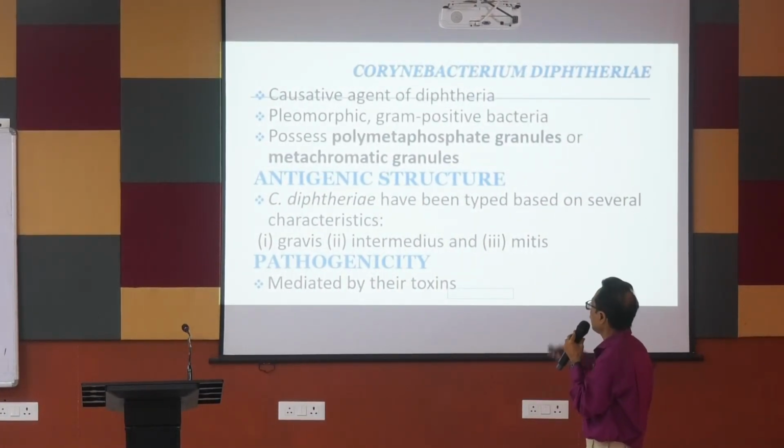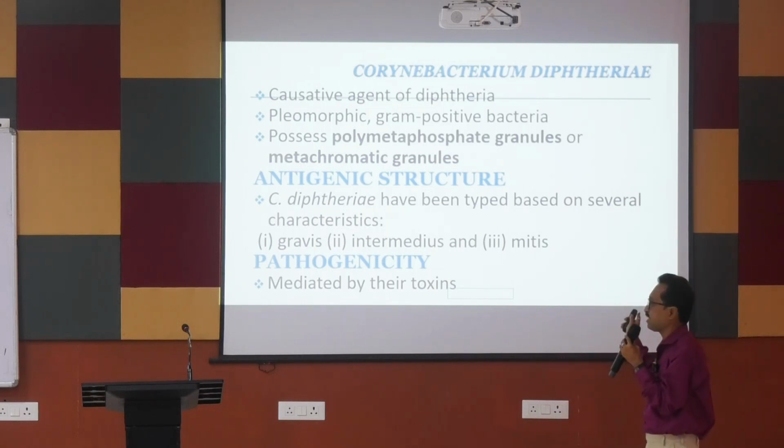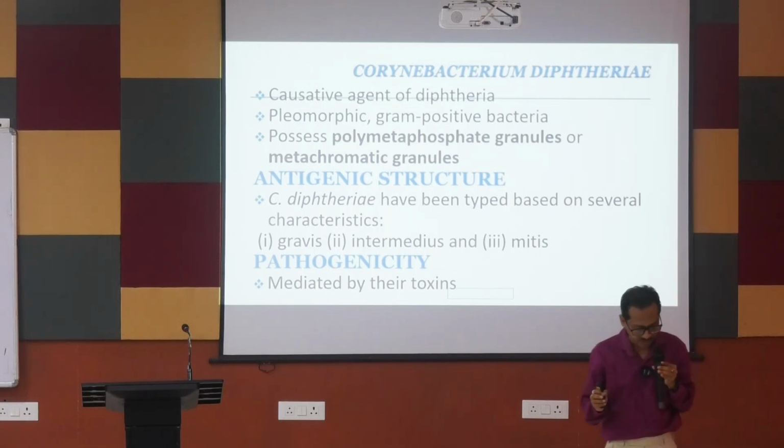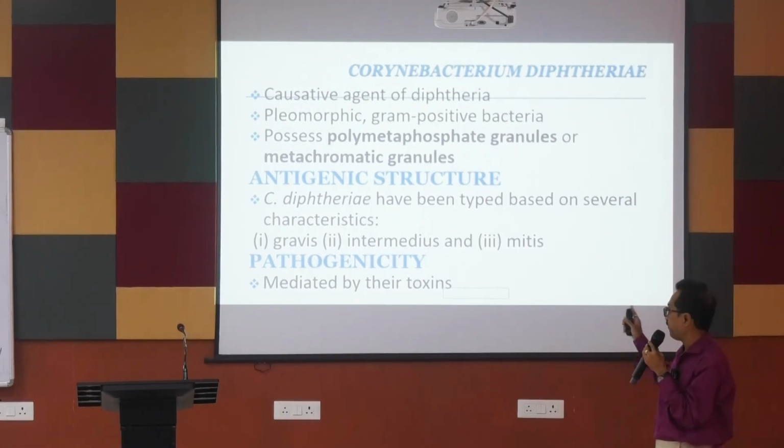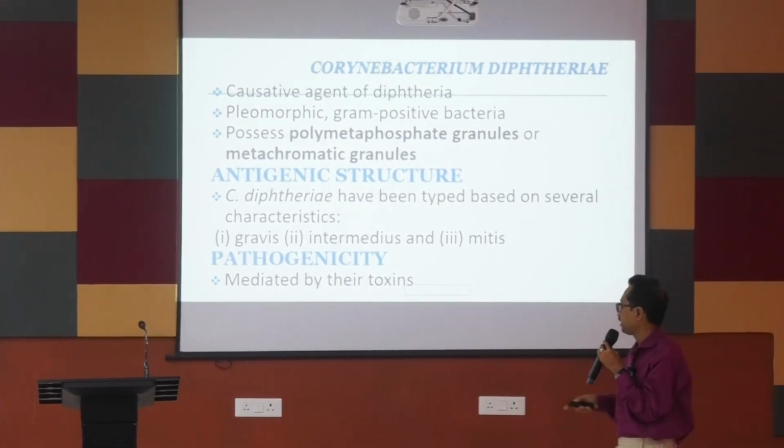So this is again some recapitulation. The causative agent of diphtheria is a pleomorphic gram-positive bacillus that possesses polymetaphosphate. Corynebacteria have been typed by biotyping into gravis, intermedius and mitis. It is now not commonly followed in all laboratories, but this is the biotyping of Corynebacterium diphtheriae.